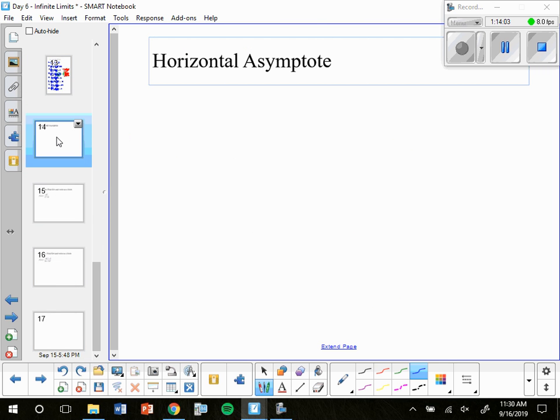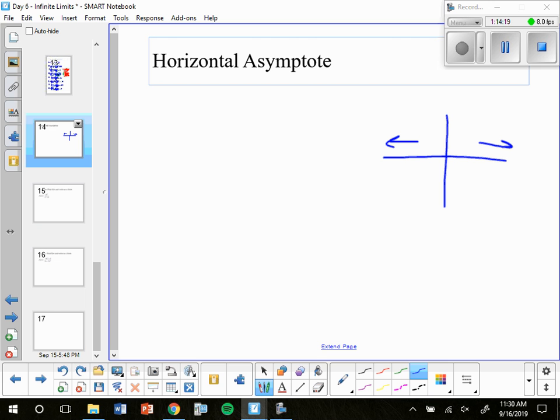Two quick things to formalize. When we look at what my function is approaching as x goes to positive infinity or as x goes to negative infinity, we're looking at horizontal asymptotes. So what's my function leveling out to on either end?